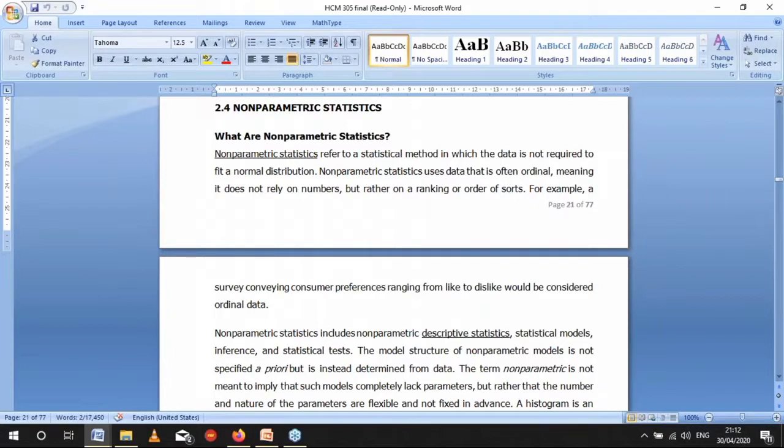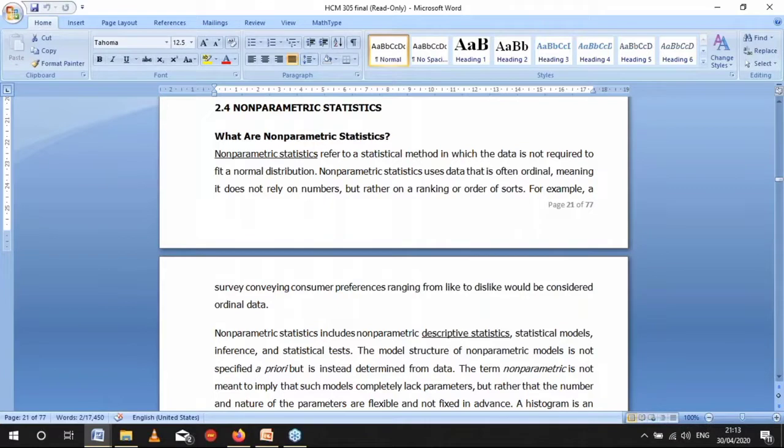So in statistics, parametric statistics includes parameters such as the mean, median, standard deviation, variance, etcetera, while non-parametric statistics makes no assumption about the sample size or whether observed data is quantitative or not.